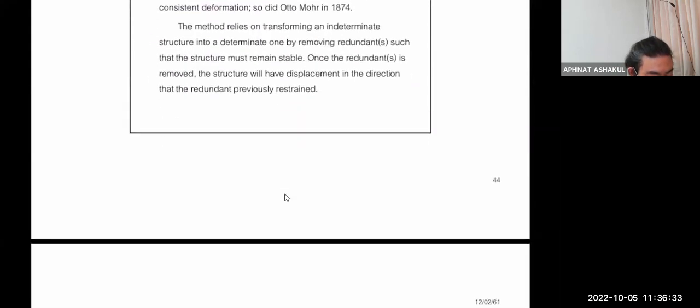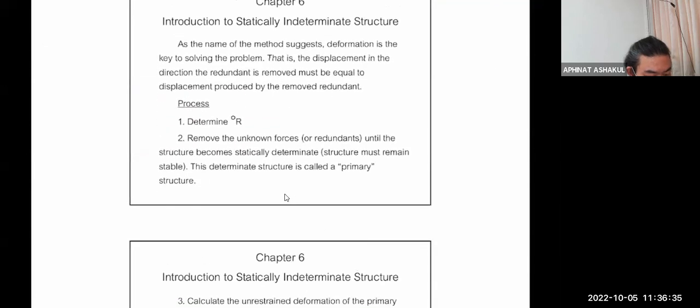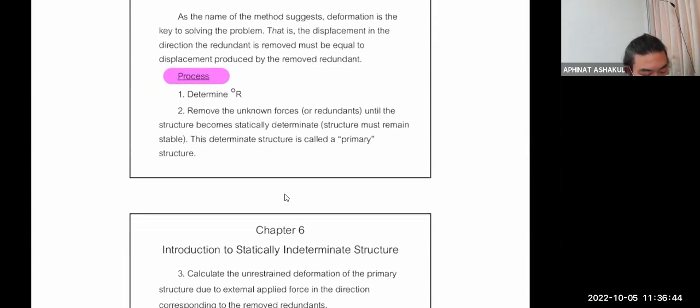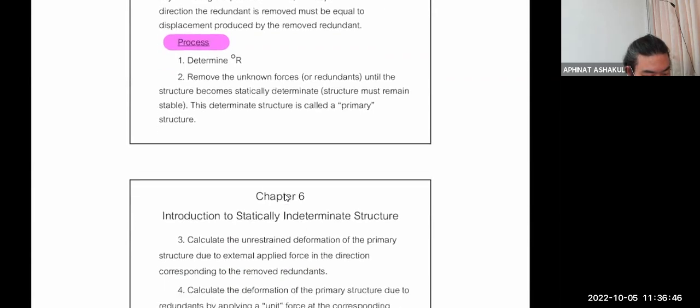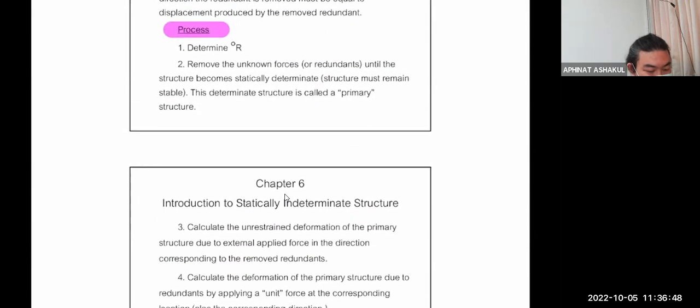Now, what we have discussed in the first hour can be summarized into the process like this. You can just go on and read this a little bit if you want. Determine the redundancy. Remove the unknown forces to create the primary structure.